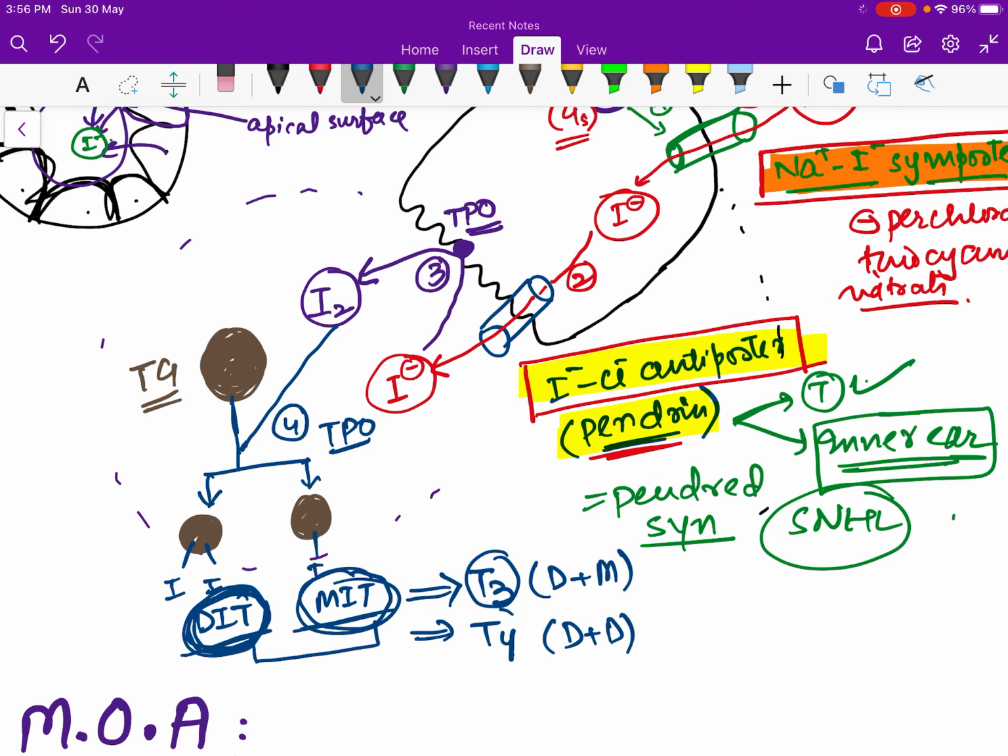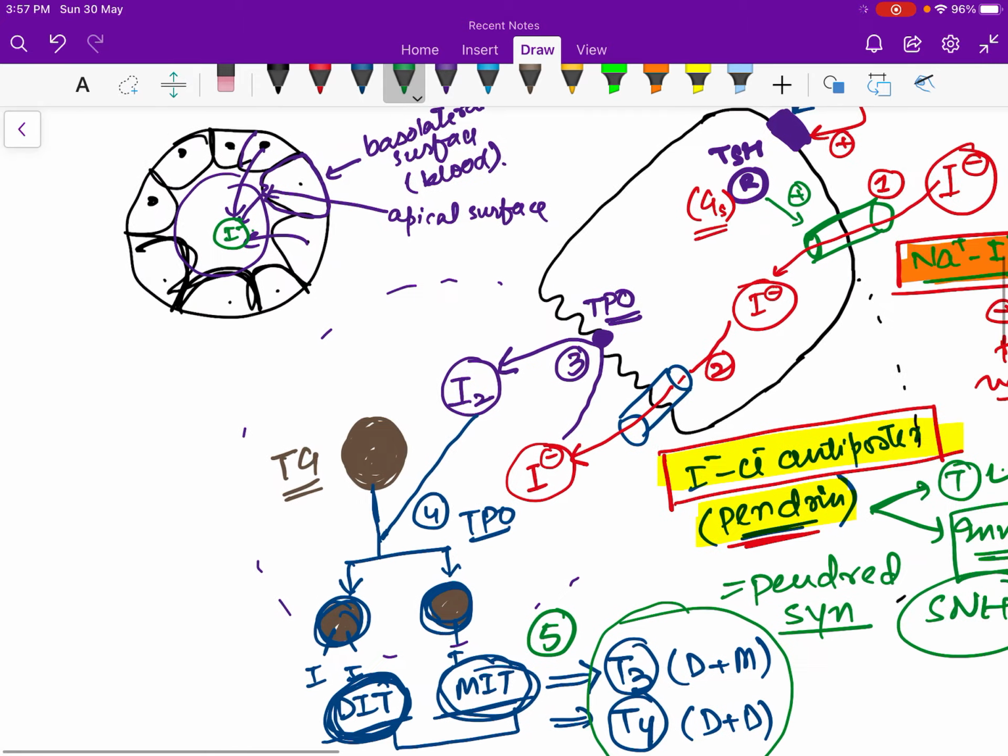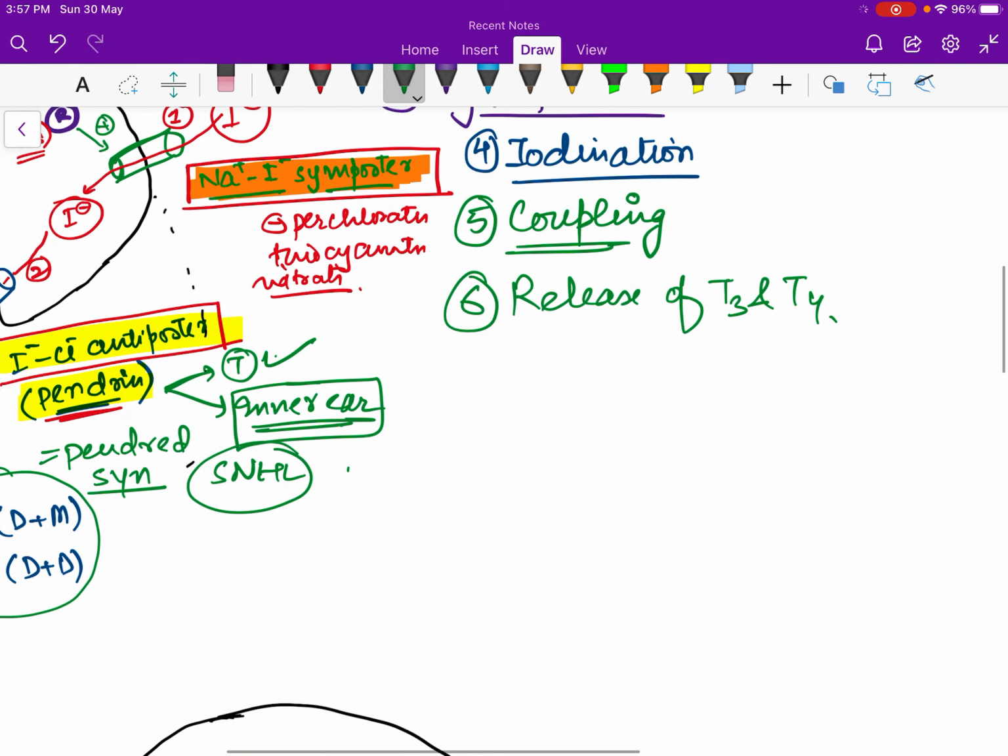Now after coupling, when these molecules are actually needed by our body, then at that time T3 and T4 are released. So the last step, step number 6, is the release of T3 and T4. How are these hormones released? This is the follicular cell.